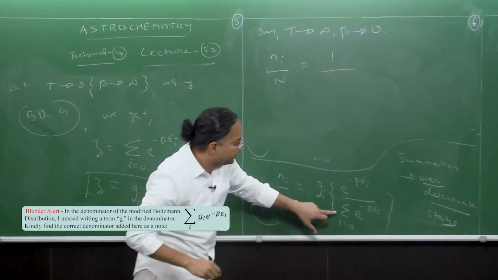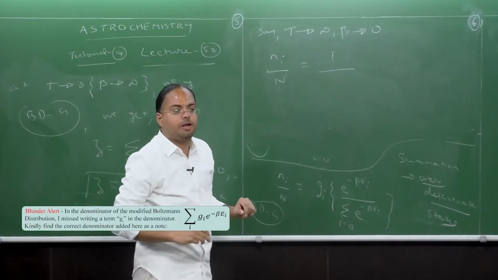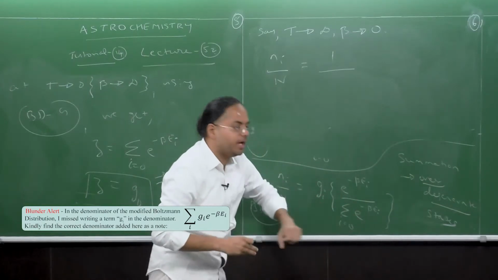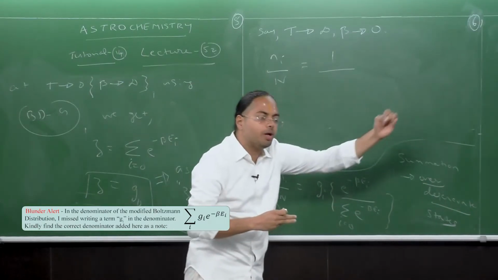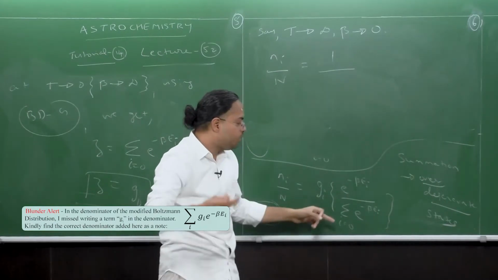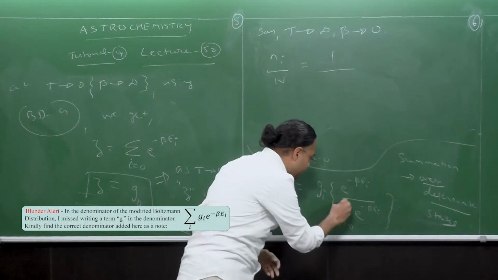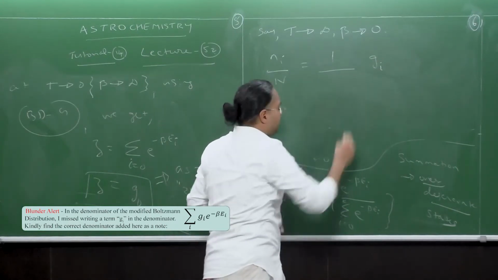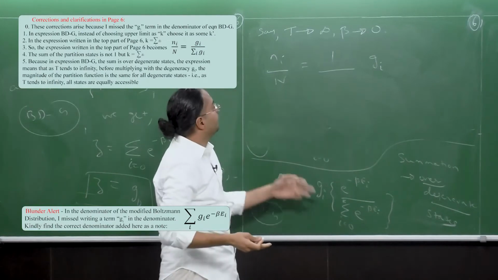And what about the denominator? Well, it's going to be a series of 1s: for the i equal to 0 state, 1; for i equal to 1 state, 1; for i equal to 2 state, 1; and so on, going on until, let's say, there are k states. The multiplicative factor gi is always going to be there, okay?